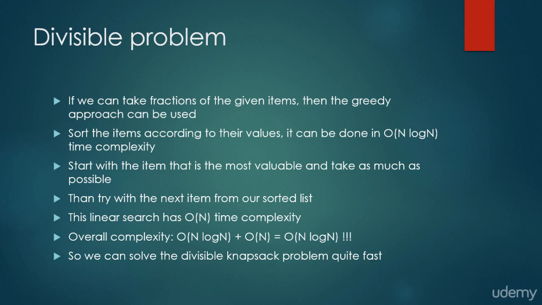As far as this linear probing is concerned, it can be done in linear time complexity. So the overall complexity of this greedy approach to solve the divisible knapsack problem is O(n log n) time complexity, which is not so bad. So we can solve the divisible knapsack problem quite fast.